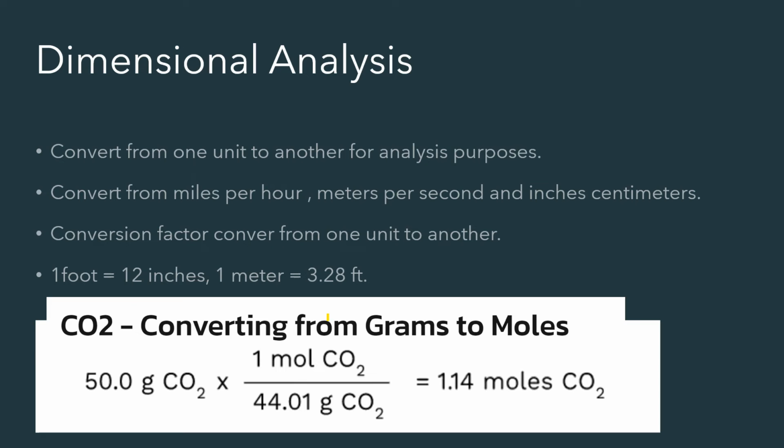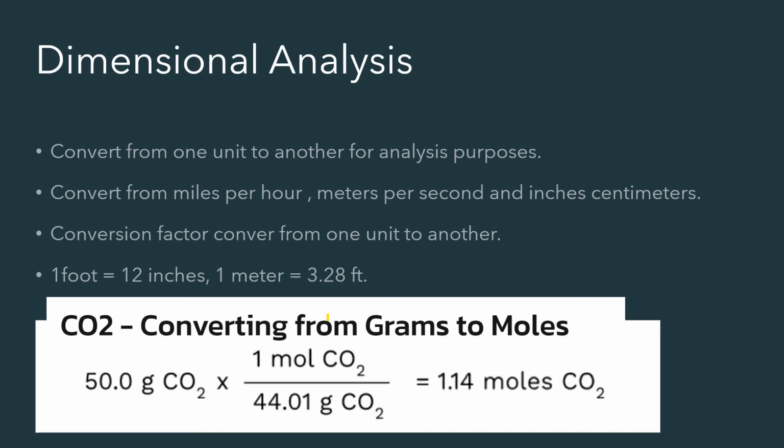So some other people may be using inches, centimeters. So we need to convert from one to another. This was there in mathematics in earlier years, so you have already done it. It's the same thing, the conversion factors. Converting from one unit to another unit. 1 foot equals 12 inches. 1 meter equals 3.28 feet. This is done for analysis purposes.